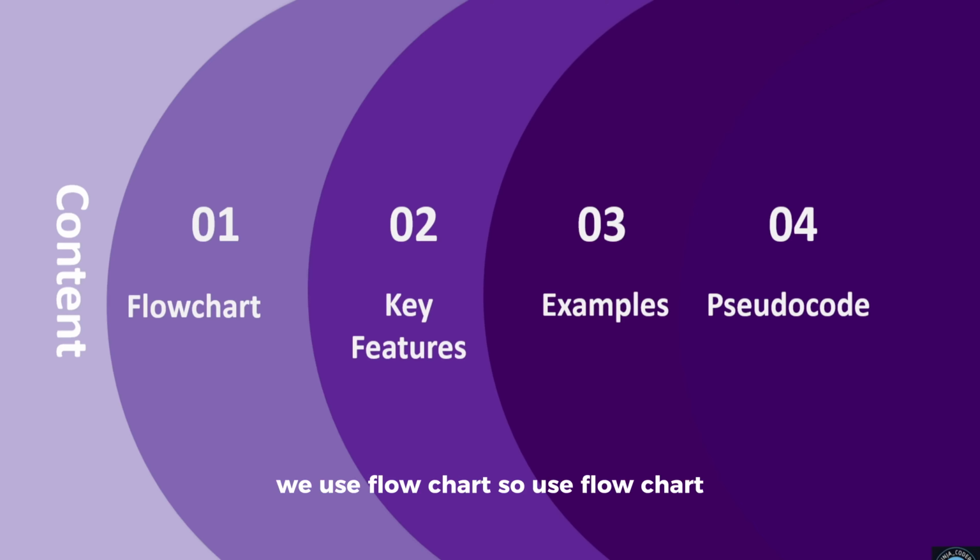That's why we use flowcharts. Using a flowchart we can easily visualize the flow of the code: what the code is doing, where the flow is going, and what the conditions are. These things we can easily see on a flowchart. So that's why we use it.